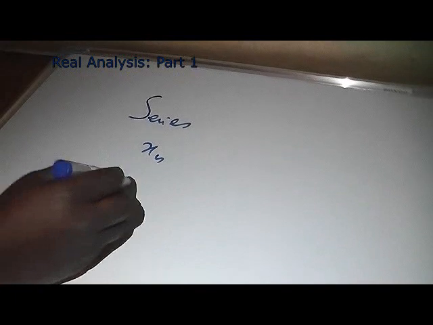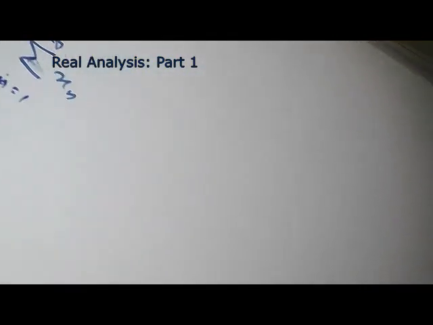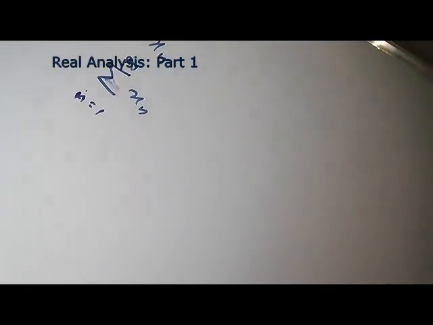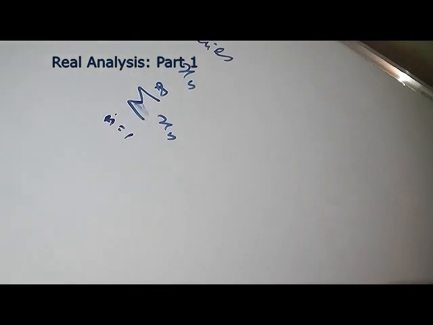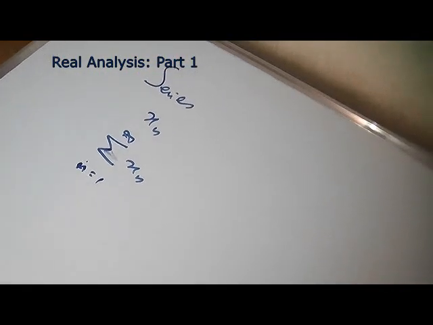So the next thing is to look at series. If xn is a sequence, then the summation of xn is a series. But since we'll be dealing with infinite sequences, which means n from 1 to infinity, since the sequence is infinite, the series will certainly be infinite.